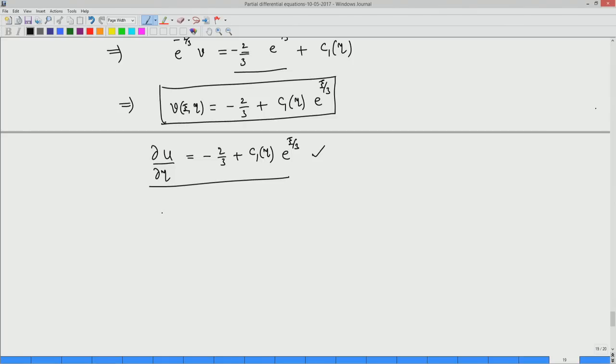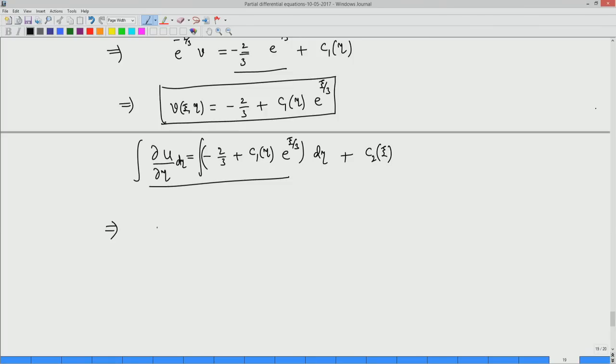Actually you can. You simply integrate both sides with respect to d eta. Because you are integrating with respect to eta, the integration constant is some new function of xi.